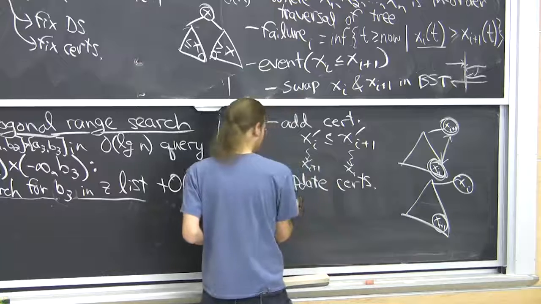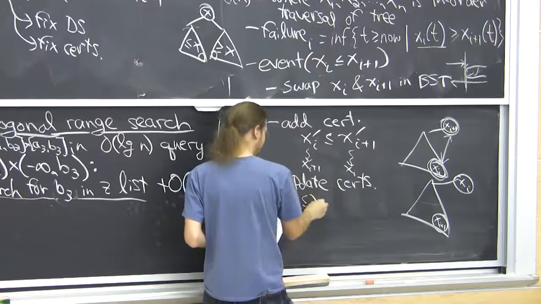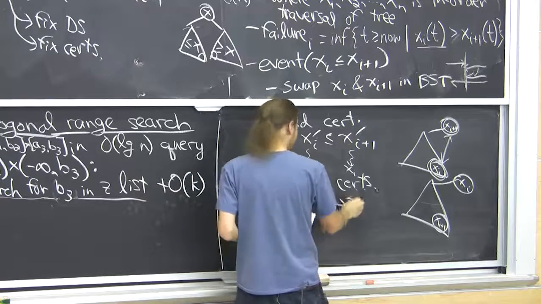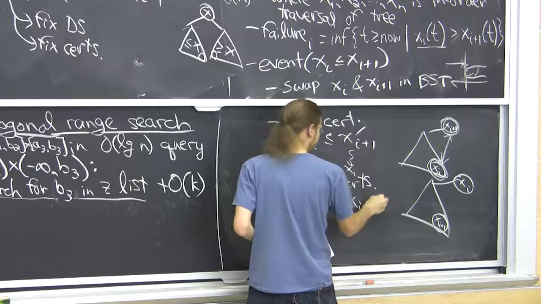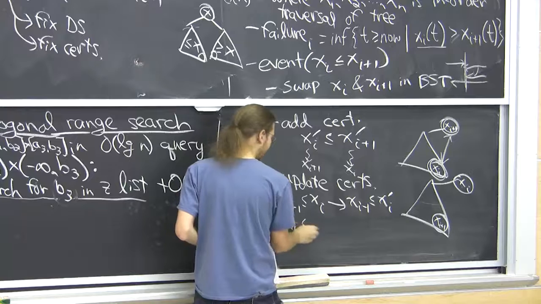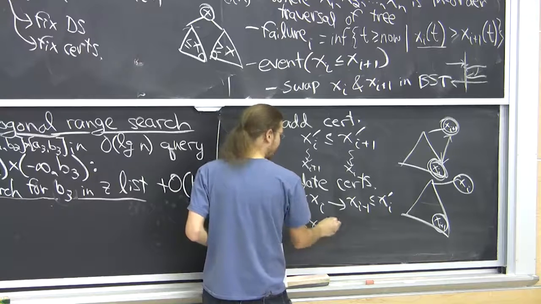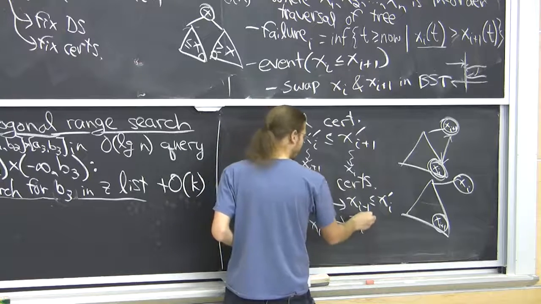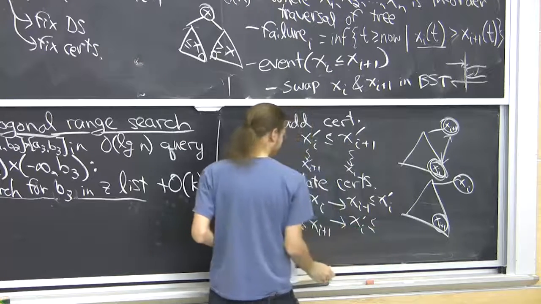So there used to be an xi minus 1 less than or equal to xi. We want to turn that into xi minus 1 less than or equal to xi prime. And we used to have an xi less than or equal to xi plus 1. We want to turn that into xi prime less than or equal, oh, that one we already did.